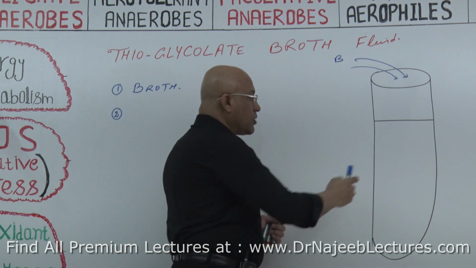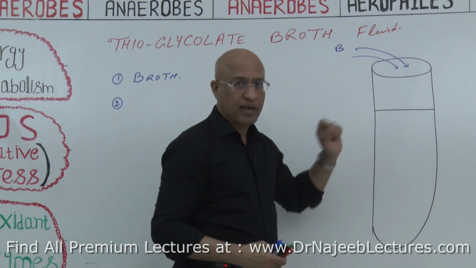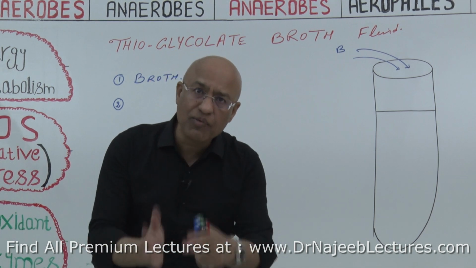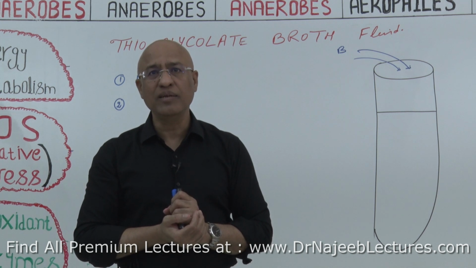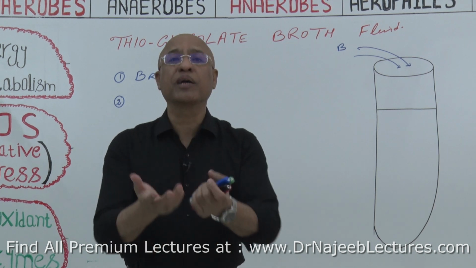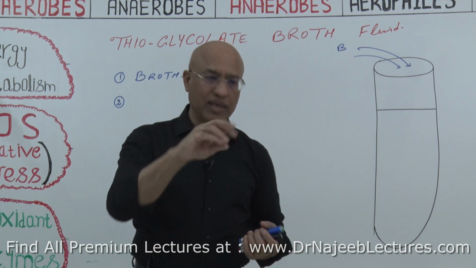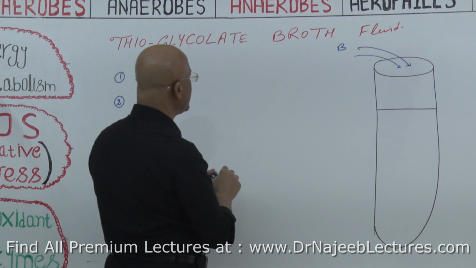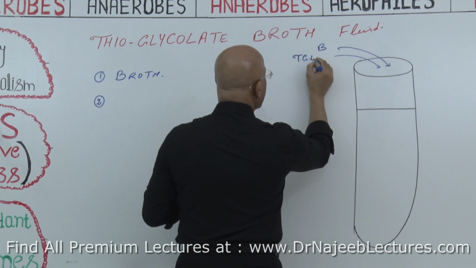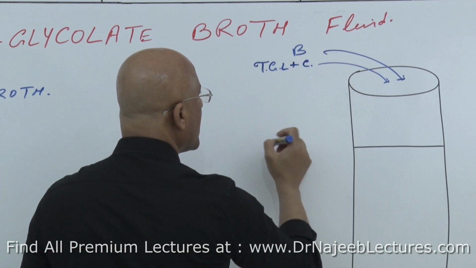So to create an anaerobic environment, we should add something to this culture media which will remove oxygen, which should make oxygen unavailable to the bacteria, right? We should make some area in the tube or culture media which is an anaerobic environment. So we need to add a reducing agent, and a reducing agent which utilizes the oxygen in this media, that is thioglycolate and cysteine, right?